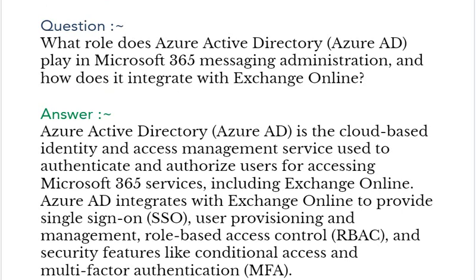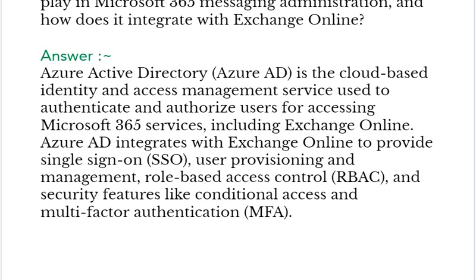Our next interview question is: what role does Azure Active Directory Azure AD play in Microsoft 365 messaging administration and how does it integrate with Exchange Online? Your answer should be: Azure Active Directory Azure AD is a cloud-based identity and access management service used to authenticate and authorize users for accessing Microsoft 365 services, including Exchange Online.